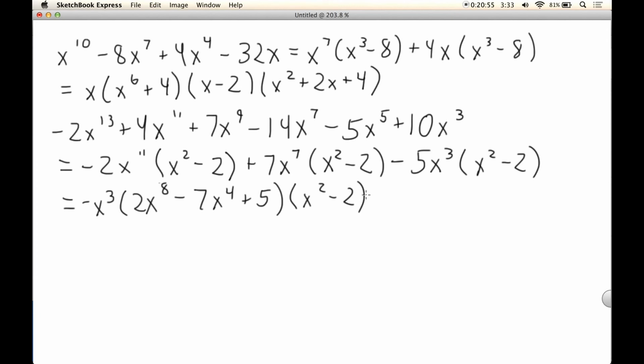And we are not quite done yet, because this is another factorable term here. This is a higher degree trinomial. And since we have a coefficient other than 1 in front of the highest term here, we're actually going to factor this using the x method. And these are not perfect squares, so we can't do that little shortcut either.